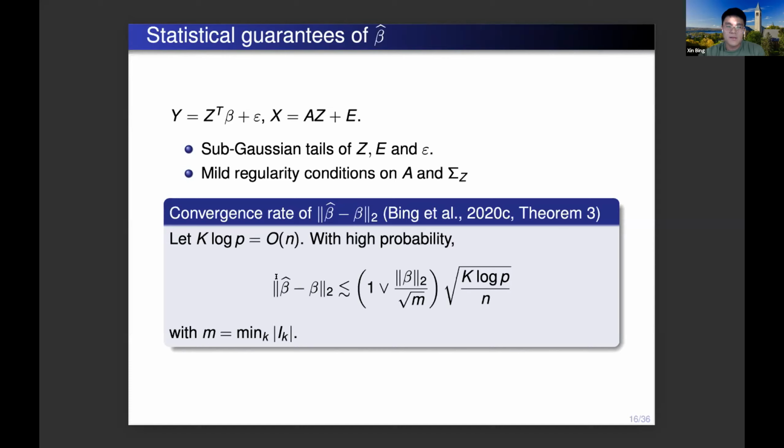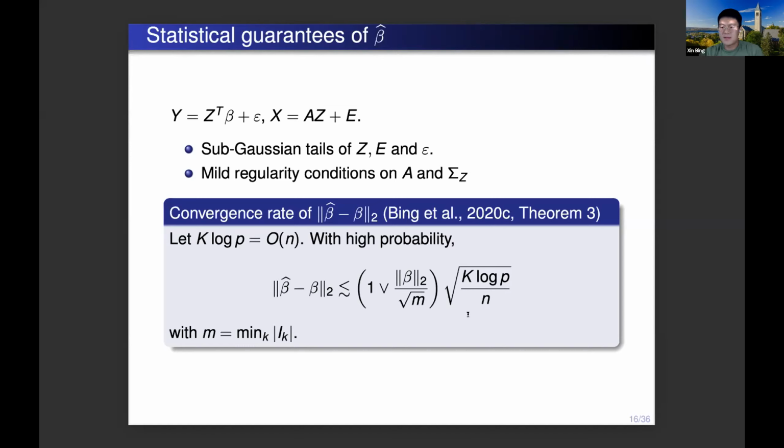The L2 norm of beta hat minus beta exhibits the following convergence rate under the condition that K is of smaller order than n. For this convergence rate, the M here is the smallest number of pure variables among all the groups, and the beta 2 norm is the 2 norm of the coefficient beta.